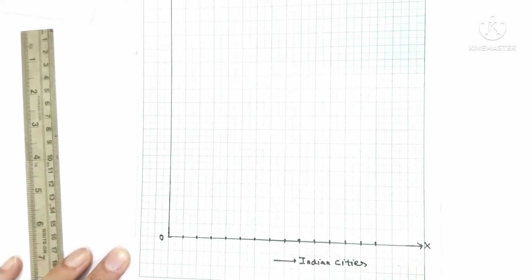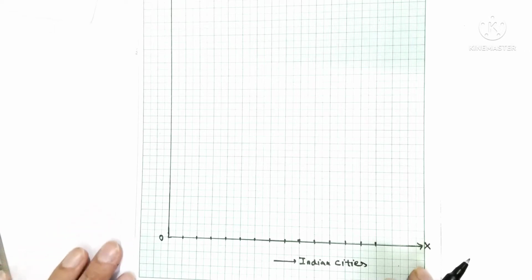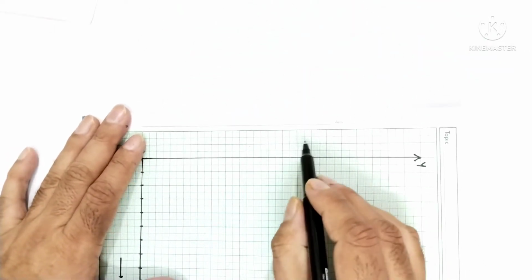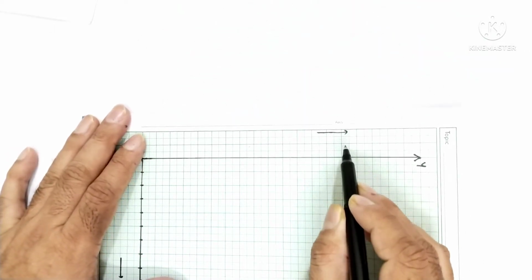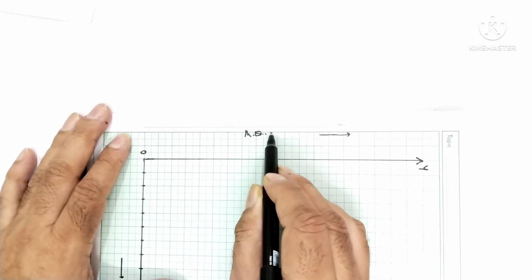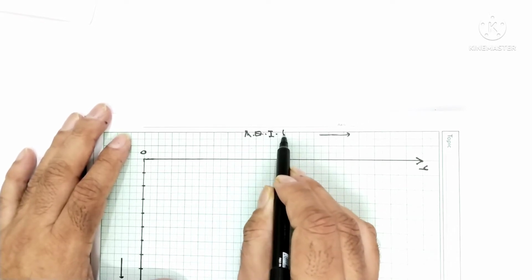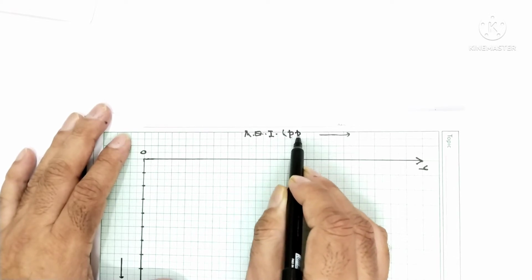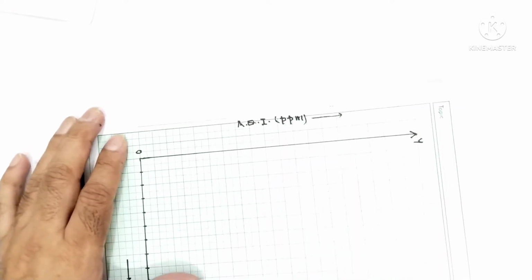Along the x-axis we will represent the Indian cities, and along the y-axis we will represent AQI, air quality index, and the unit is ppm. Now the names of the cities which we have taken are to be mentioned. You can name them like this.